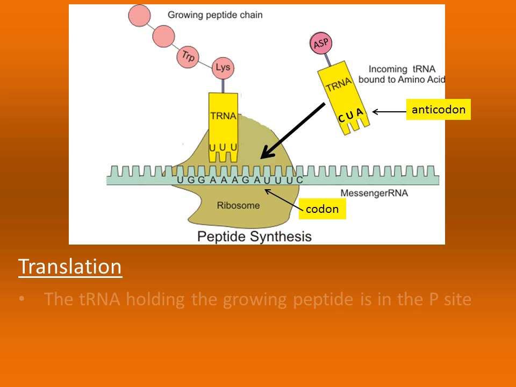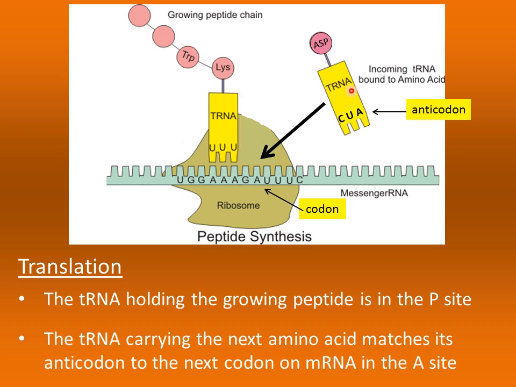In translation, what we see here is that after the process has started, the transfer RNA that has the growing polypeptide chain, remember this is what we're making through this process, is located in the P site. While the incoming transfer RNA that has the next amino acid in line is going to be arriving at the A site, this vacant site right here.